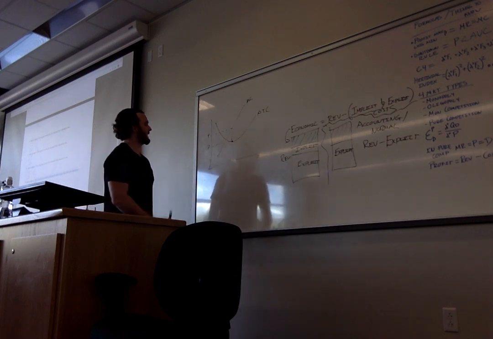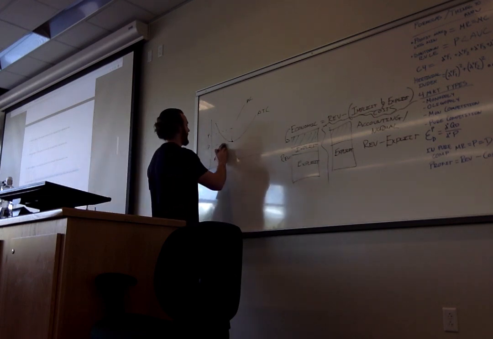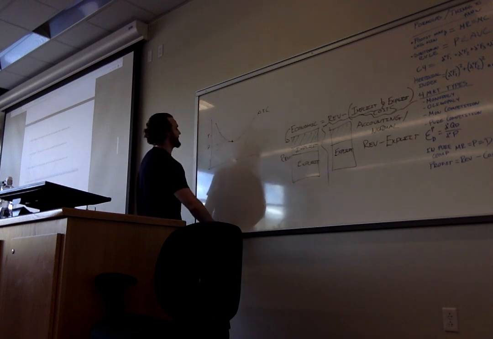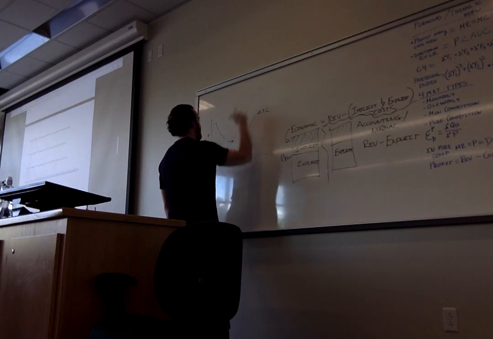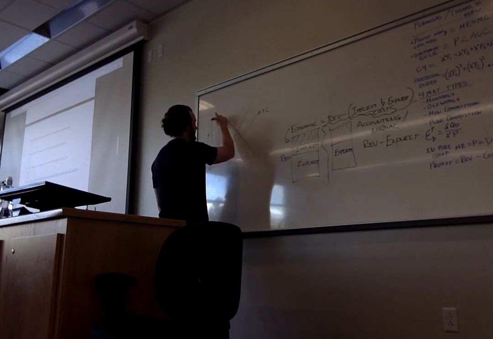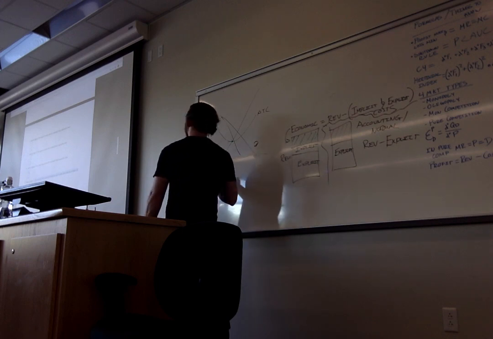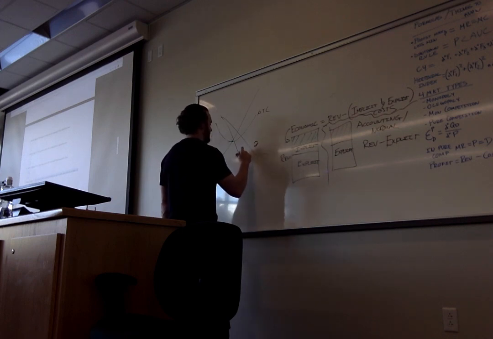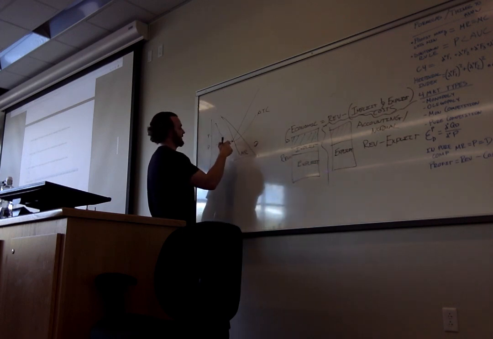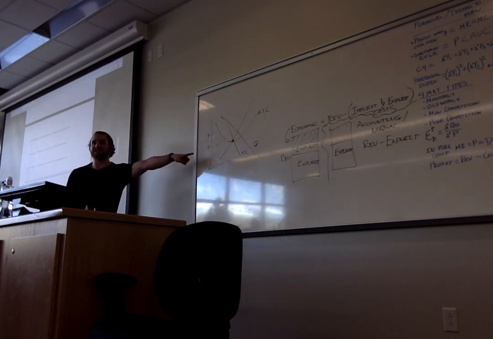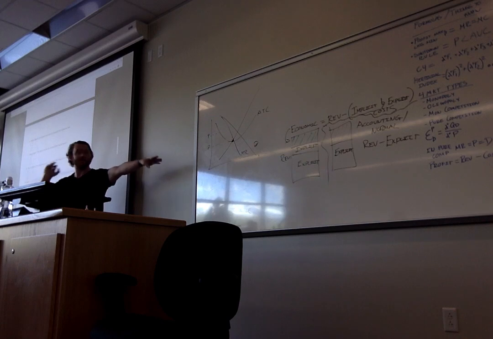To give you guys another example, I'll erase that. Say this is a monopoly now. And marginal revenue, just pretend that that's all 1 point. That would be just an accounting profit. Does that make sense as to why?